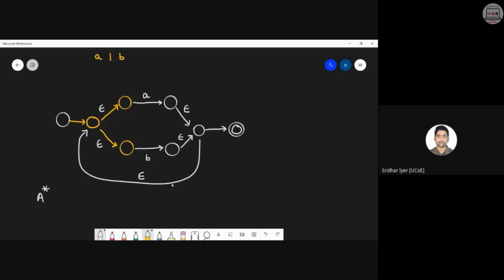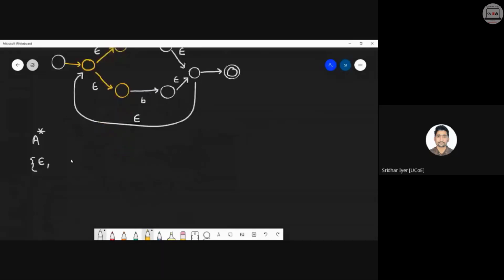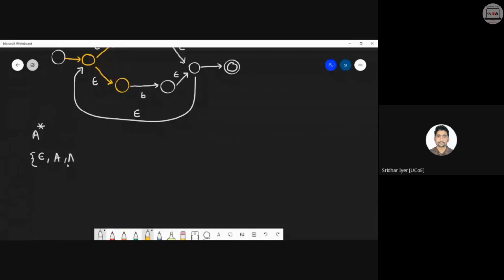Next up, we have to also consider the case where the value could be epsilon as the input and it will directly go to the final state, because A closure or A star is nothing but something like this. Correct? So the machine will also accept epsilon as the only input and go to the final state, or it can accept n number of loops of capital A and go to the final state.